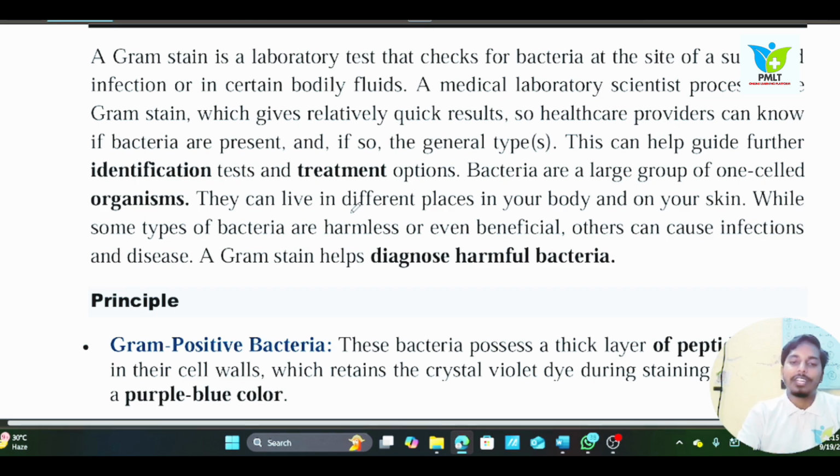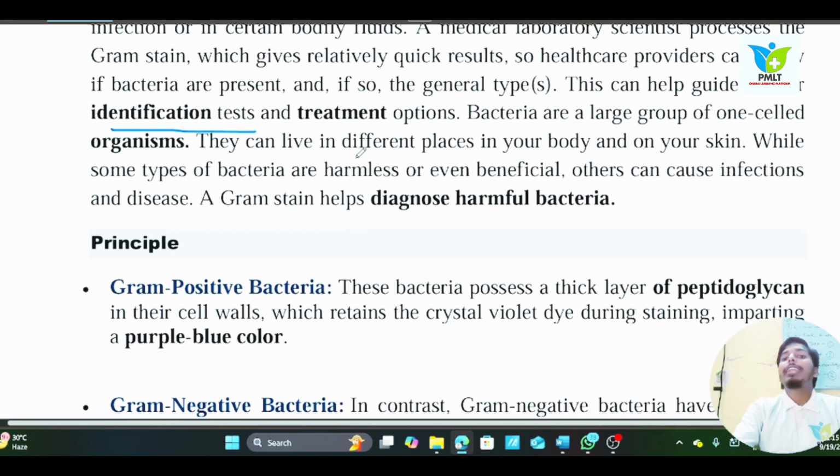It's our guarantee. Firstly, we need to understand why we do the gram staining: to identify the bacteria. When we identify a particular bacteria as gram positive or gram negative, it helps in treating the patient, in deciding which kind of drug we have to give.